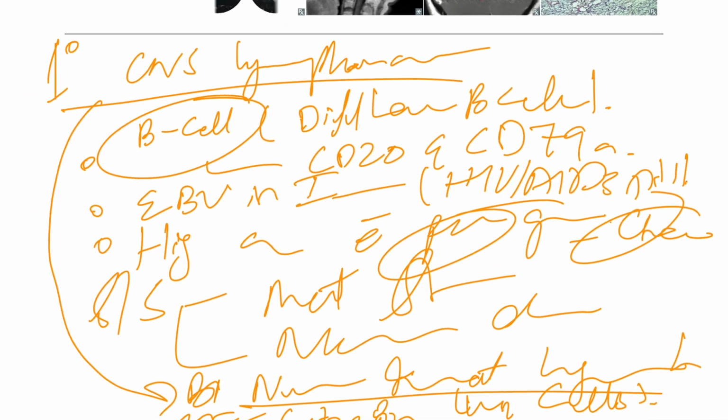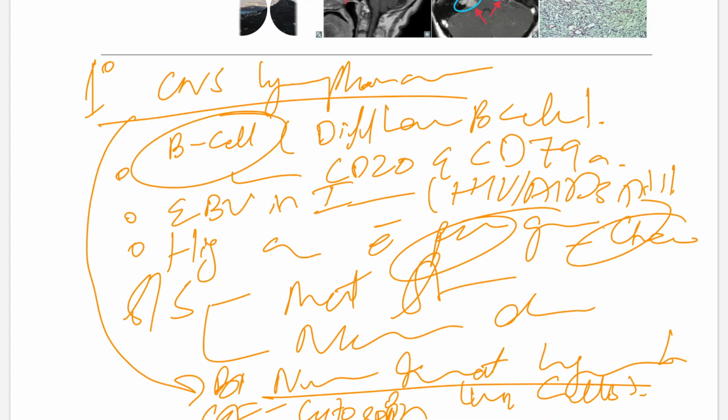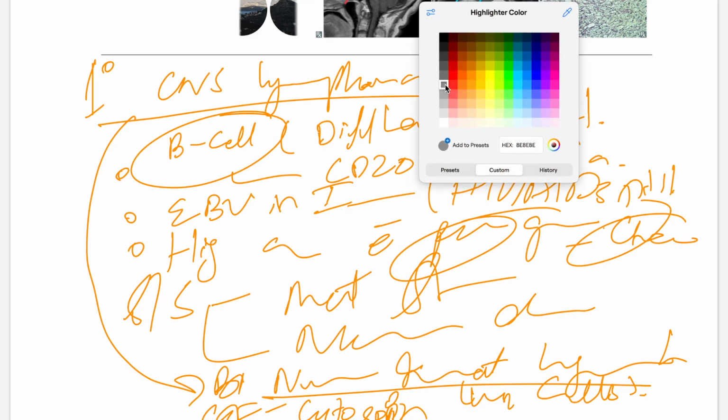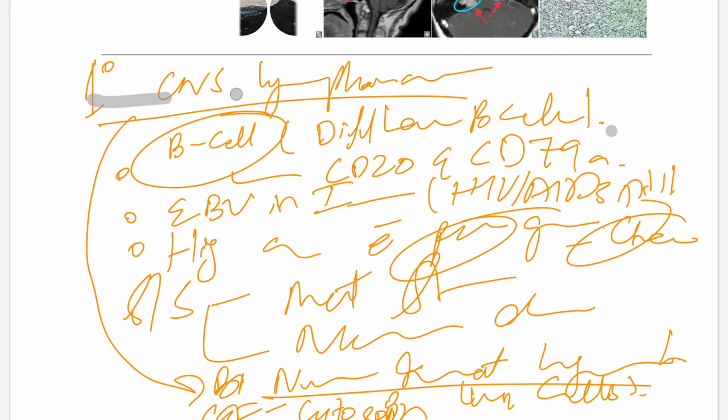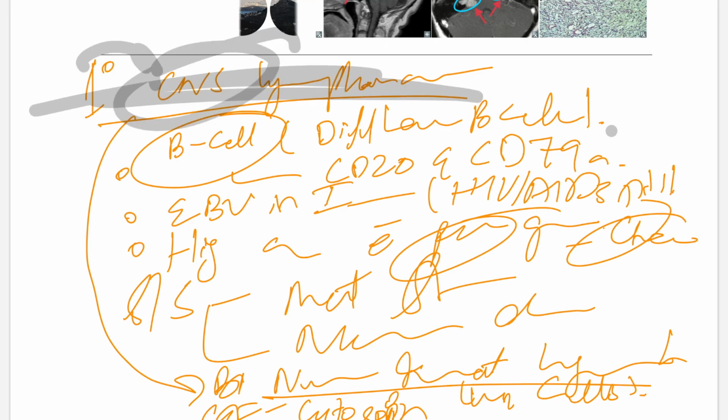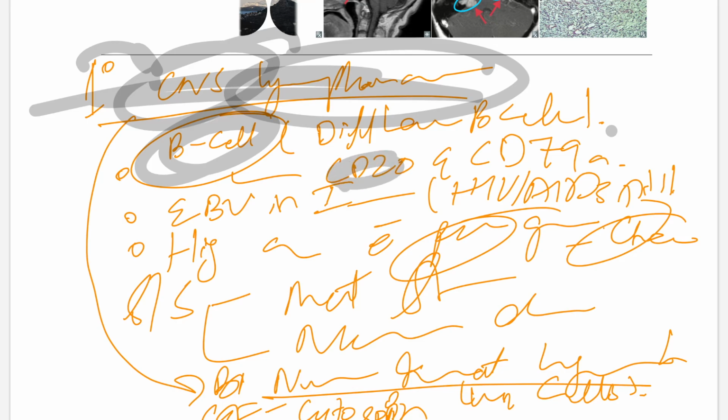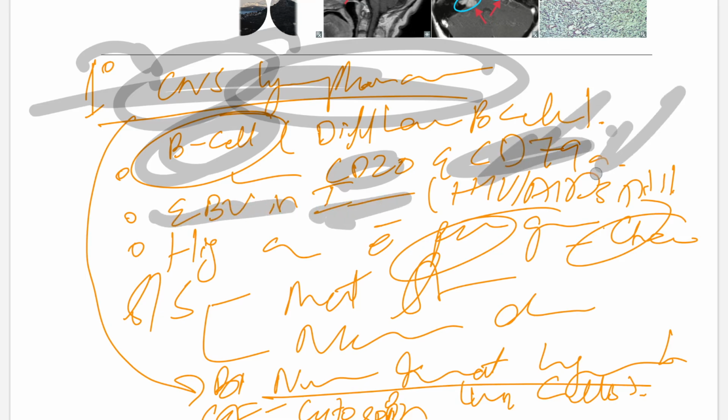Okay, now let's just review the whole thing, then move on to the next one. It is the primary CNS lymphoma, arising from B cells, which are going to be CD20 and CD79A positive, associated with EBV and immunocompromised states, for example HIV and AIDS.